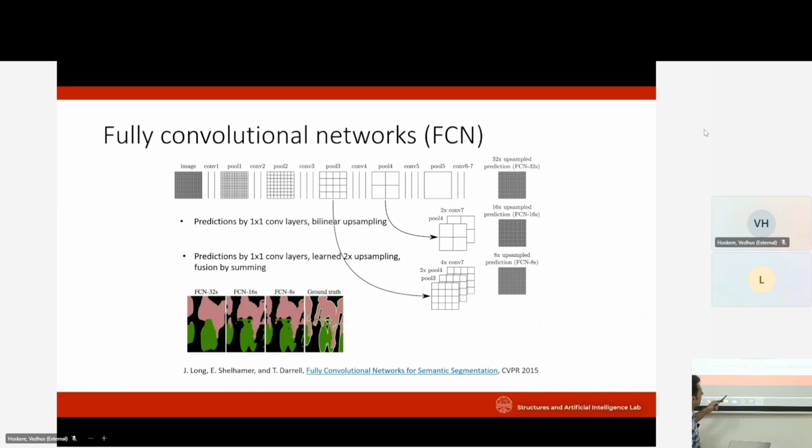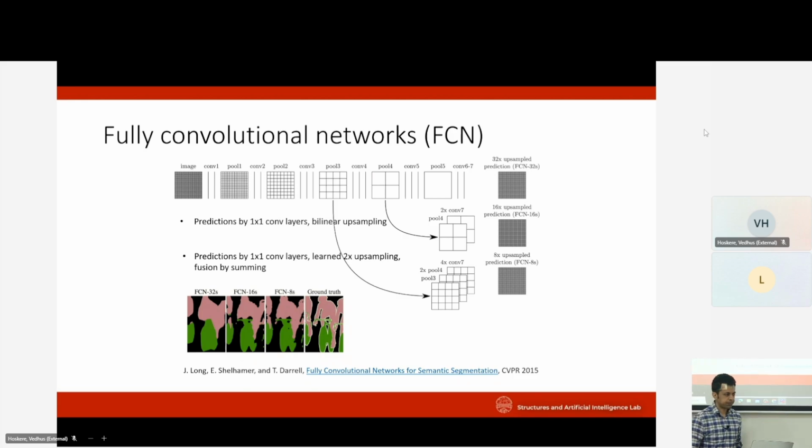And you can see that the FCN8s perform better than the FCN32s. So the FCN8s have all of these. The FCN32 only has the top one. So why do you think that is? What's the difference between the FCN32 prediction and the FCN8 prediction?